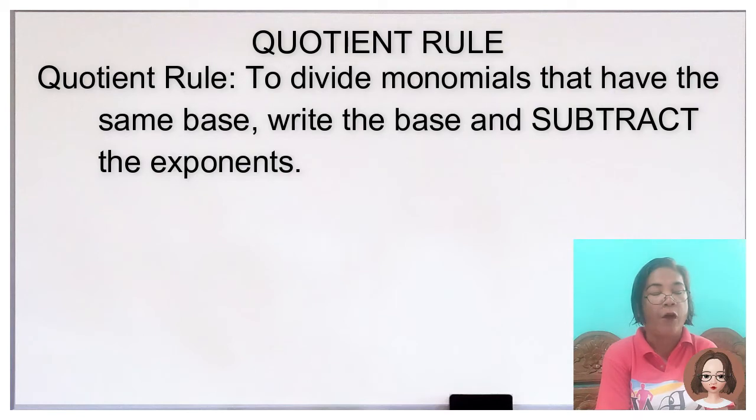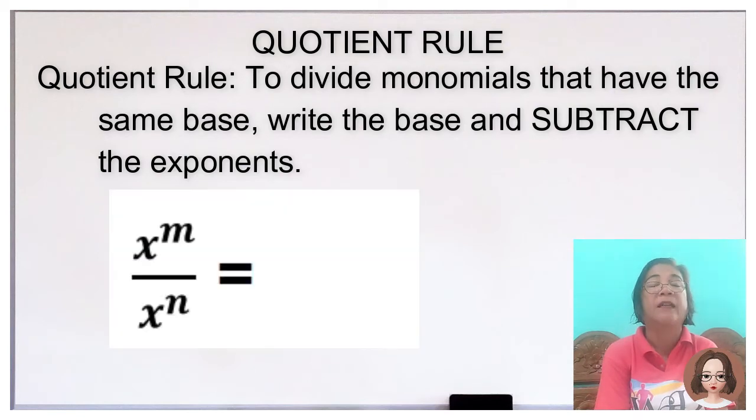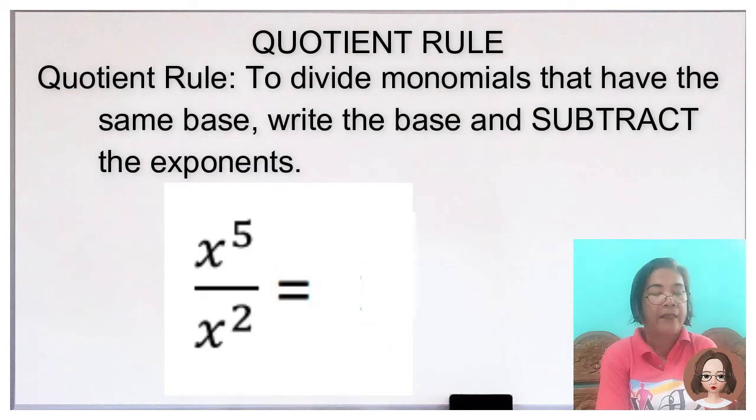In symbol form, we have x raised to the m divided by x raised to the n. We shall have an answer of x raised to the m minus n. Let's have this example: x raised to the 5th divided by x raised to the 2nd.